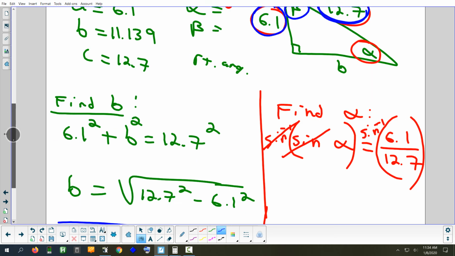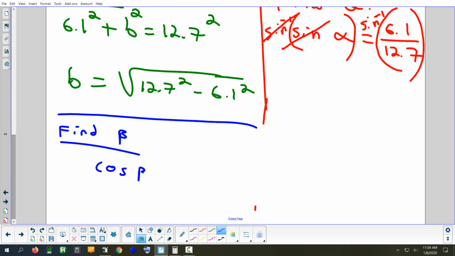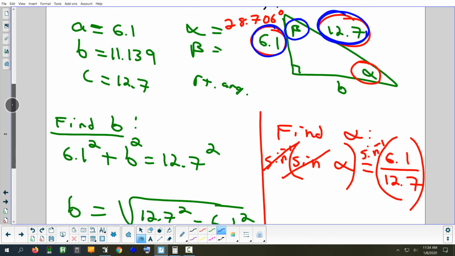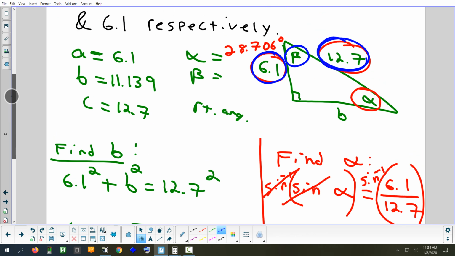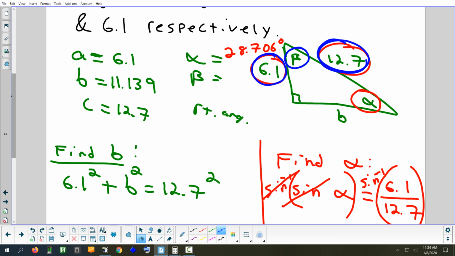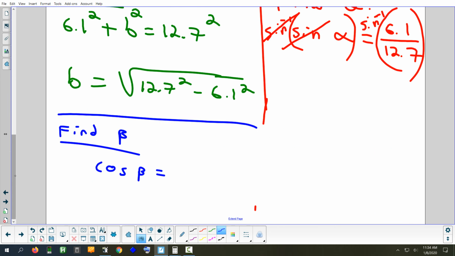You're going to do cosine beta equals, what's going to go in the top? Yep, 6.1. And what about the bottom? Nice. 6.1 over 12.7. Now my goal is to get rid of that cosine. So what do I have to take on both sides?